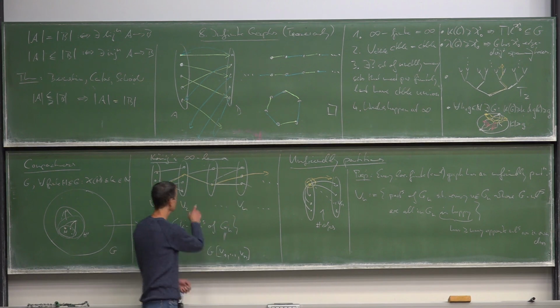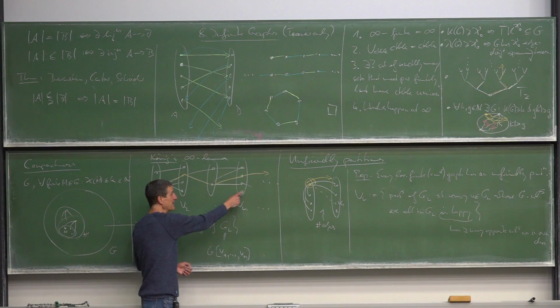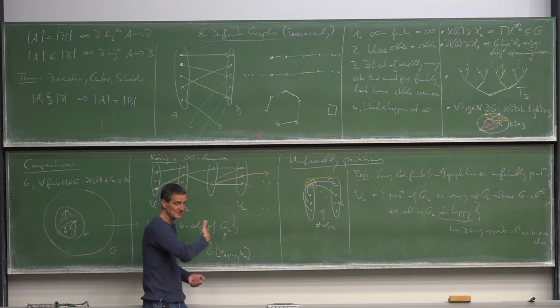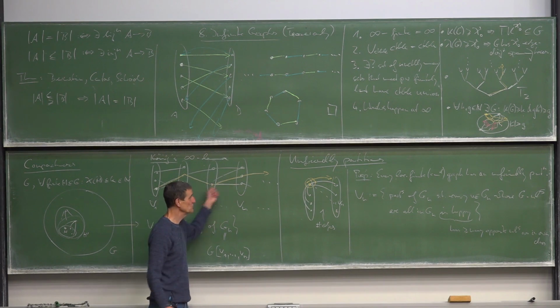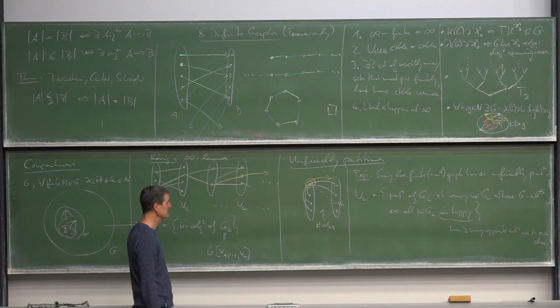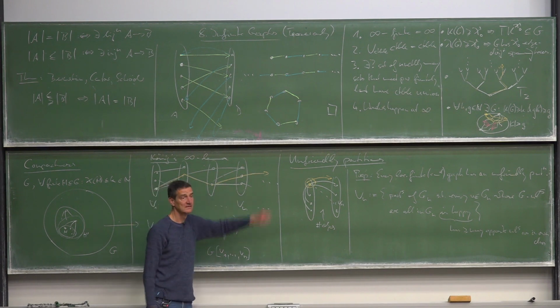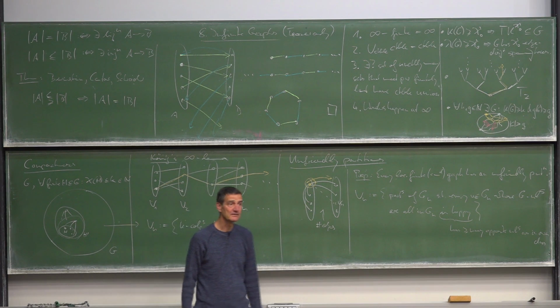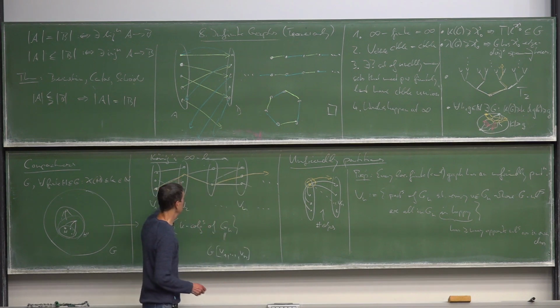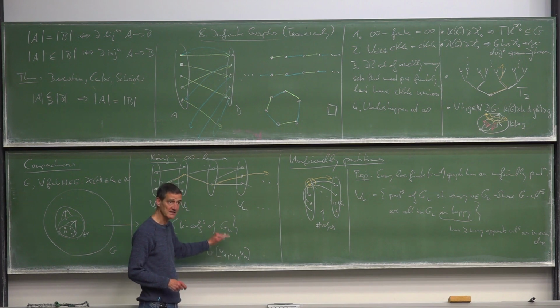And then you can say that induces a partition here. Every vertex inherits a label left or right. But you have to make this specific in order to define this inducing properly. That's a little technical aside. And then this yellow path will define a partition of the entire G.